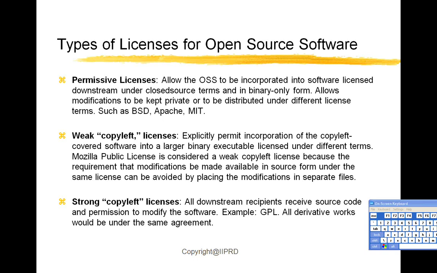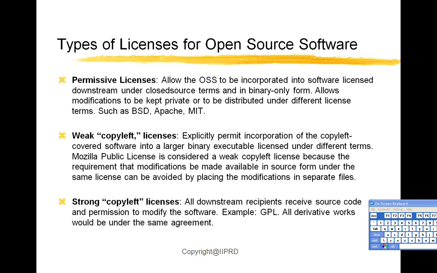So the difference between permissive and copyleft is that in both these copyleft licenses, we have to share the source code. There is no doubt. But in the weak copyleft licenses, we need not share the source code along with the software itself. We can keep it alongside and share it in a separate file or any other separate medium.